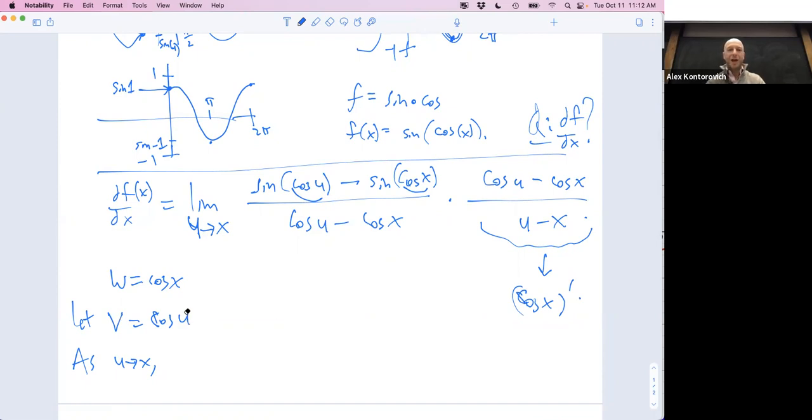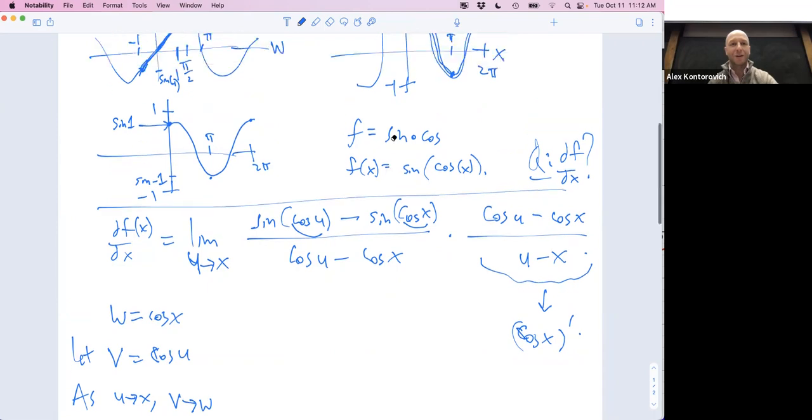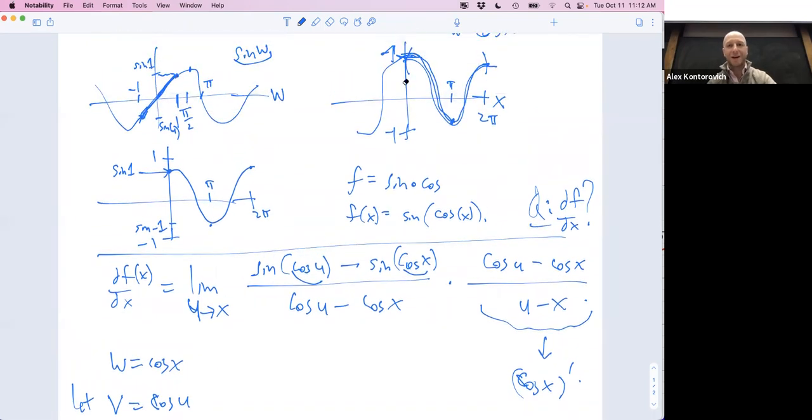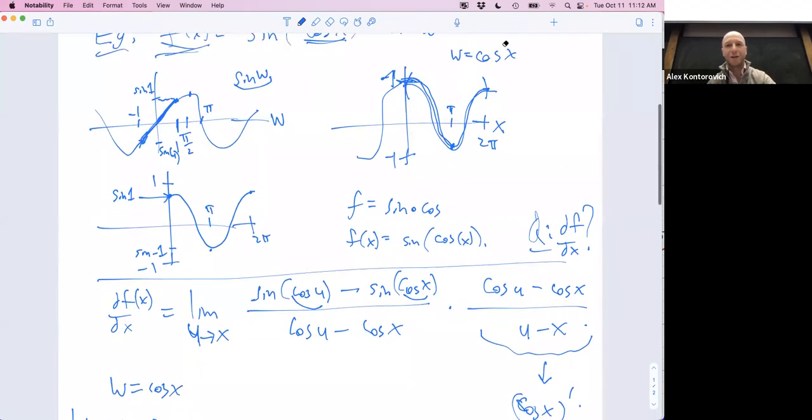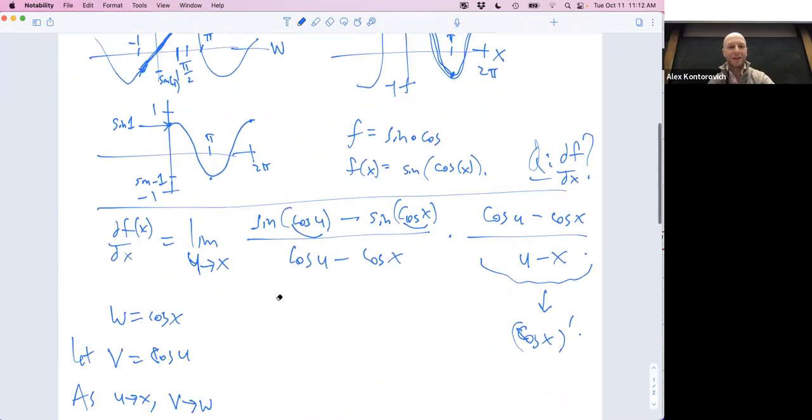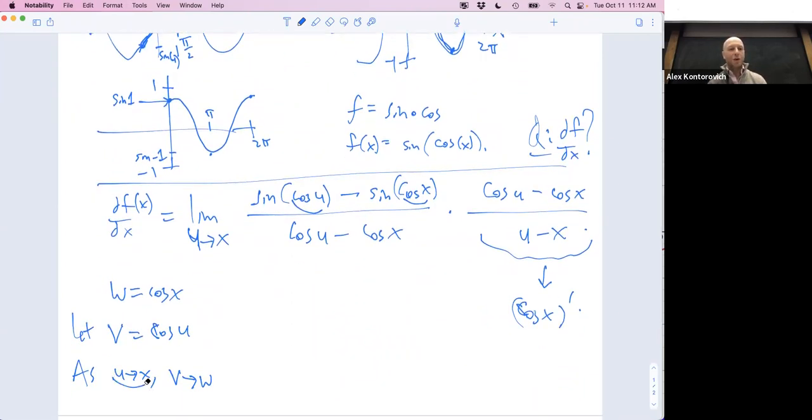As u gets closer and closer to x, is the function cosine continuous? So the value of cosine of u gets closer and closer to the value of cosine of x. In other words, this variable v gets closer and closer to w. w is not moving. x is fixed, w is fixed. w is just the value in this plane, the function w equals cosine of x in the w plane. So as u gets closer and closer to x, v gets closer and closer to w.